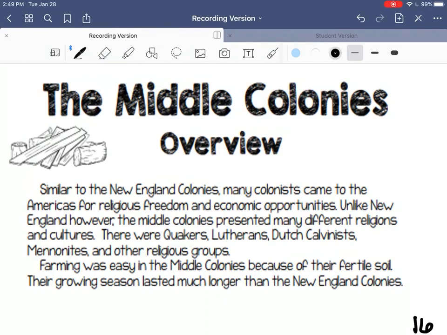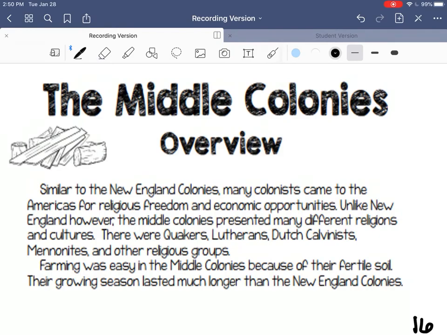The middle colonies overview: similar to the New England colonies, many colonists came to the Americas for religious freedom and economic opportunities. Unlike New England, however, the middle colonies presented many different religions and cultures.